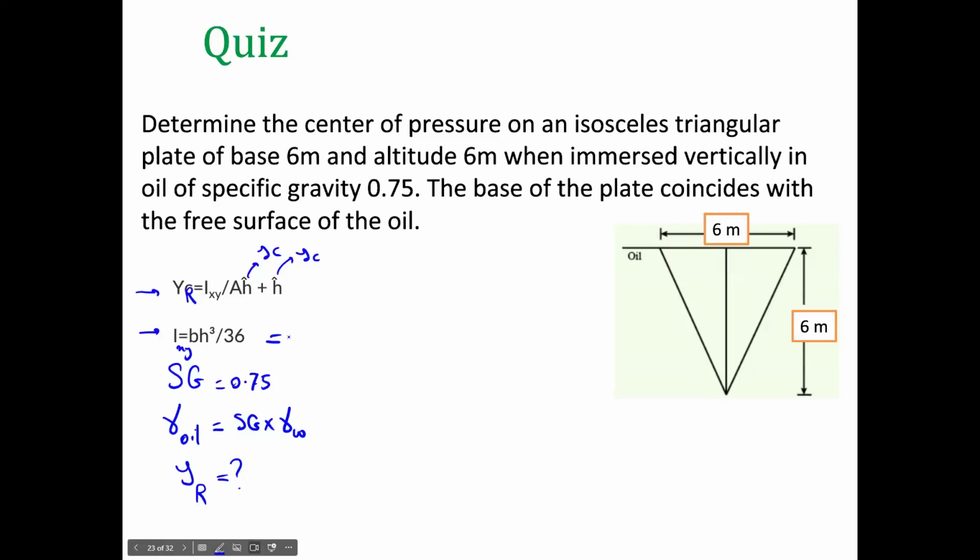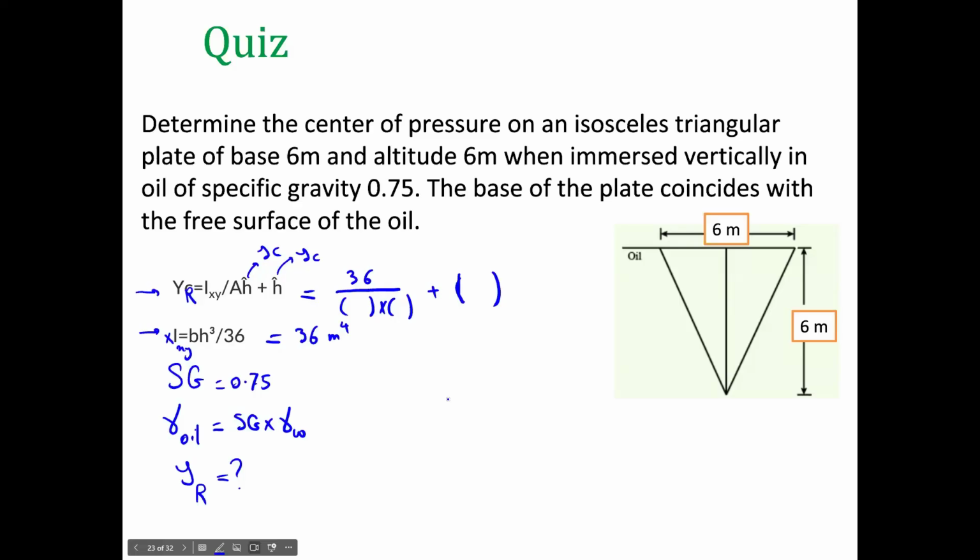If yes, give me the number for this one. How much? 36 point something or just 36? Okay. Next step, you should start working on this one. So 36 divided by area multiplied by h bar, plus h bar.